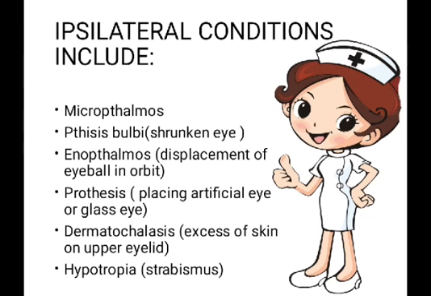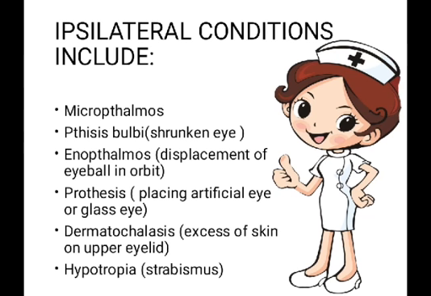Next one is anophthalmos. There is a displacement of the eyeball in the orbit. Normally in our orbit the eyeball gets properly fixed, but in case of anophthalmos it gets displaced, or it is easily seen that the eyeball is not properly placed in that orbit. That condition is anophthalmos. Next one is prosthesis.